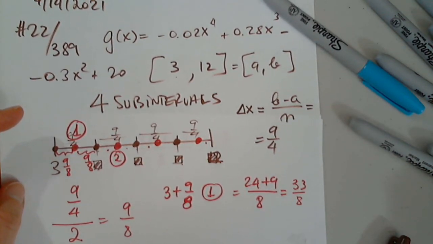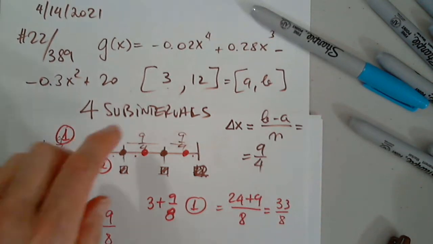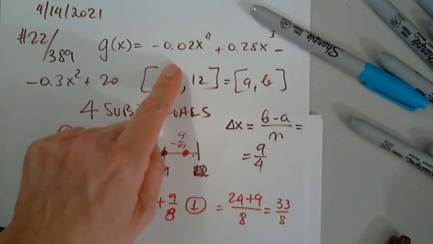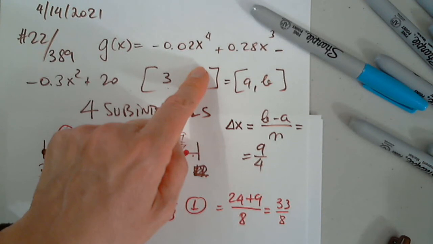So 9 over 4 is in front, still. And then in parentheses, the function, negative 0.0. There is another way of entering the function, but let's enter it like this for now, and I can show you another one. So I have list L1.